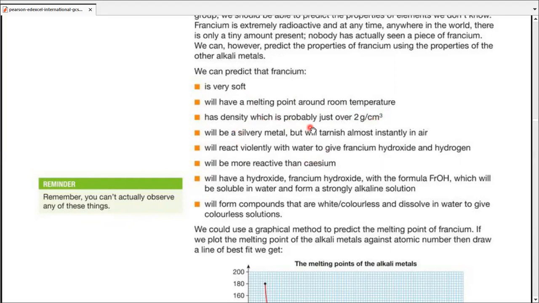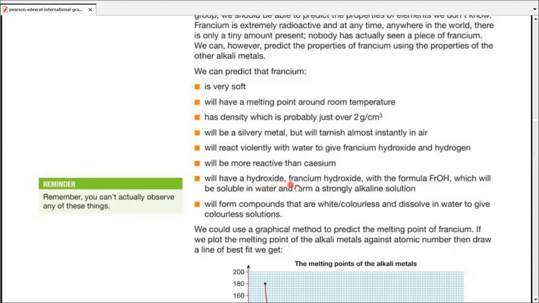It would have a density probably just over 2 grams per cubic centimeter, higher than water, of course. It would be a very silvery metal, but will tarnish almost instantly in air. It would react explosively with water, giving francium hydroxide and hydrogen. It would even be more reactive than cesium.